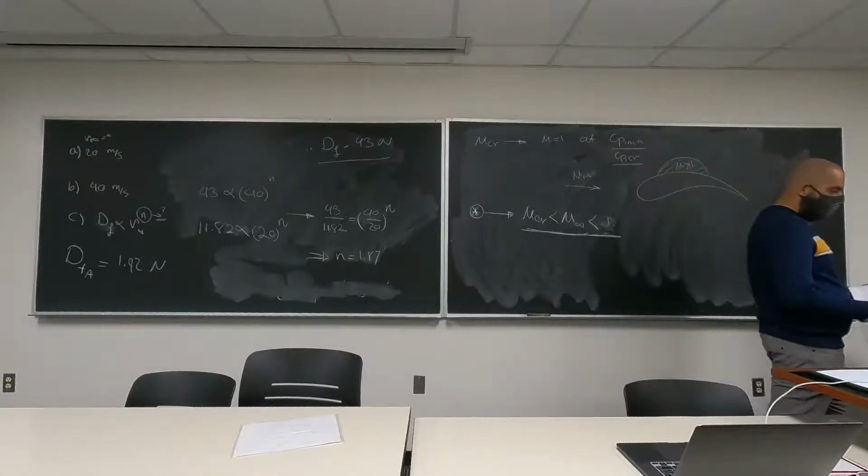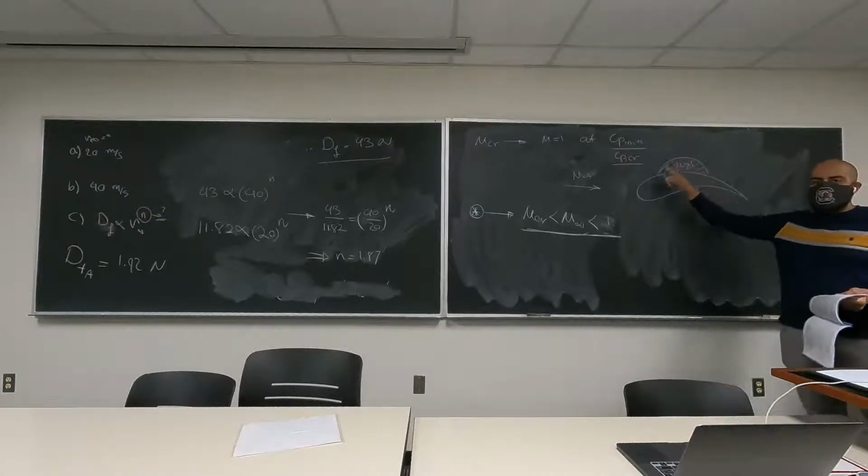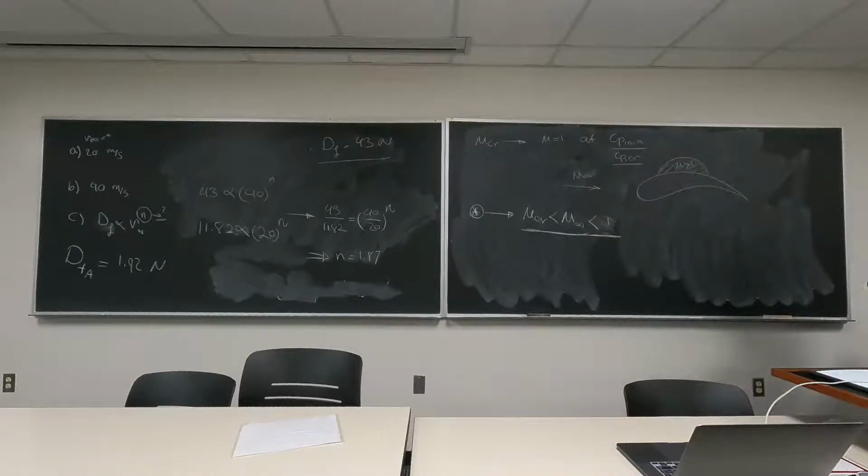Okay. What if we increase this value even further? What do you think we are going to see? So at some point, what we are seeing here is a very weak region of supersonic flow, right?